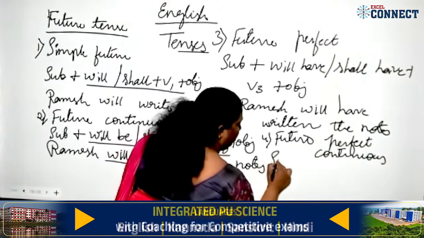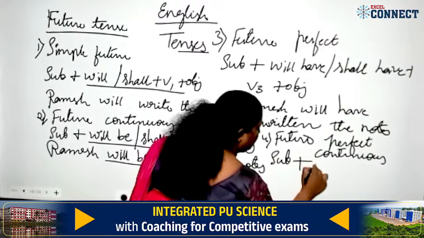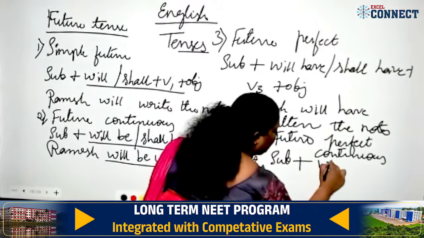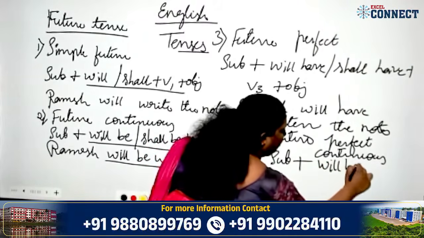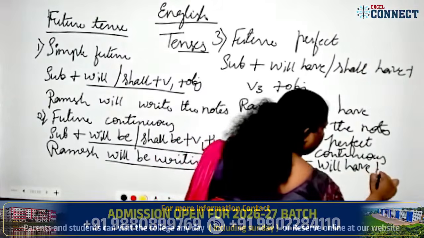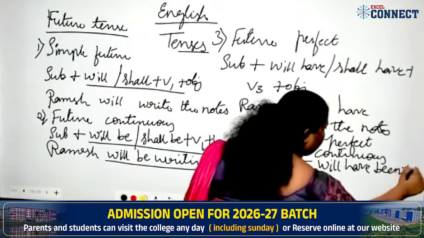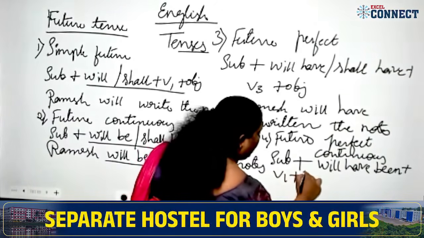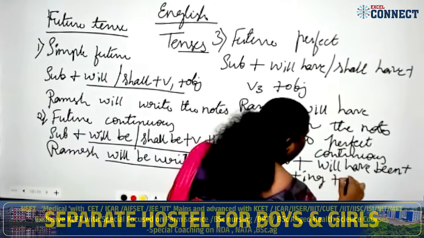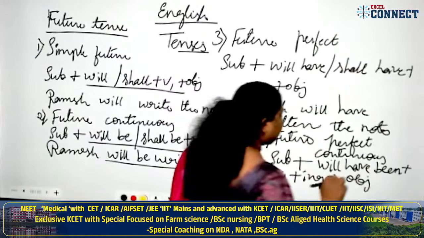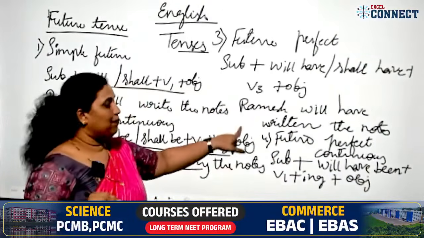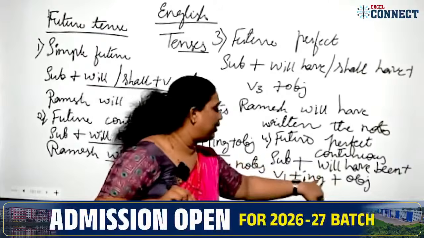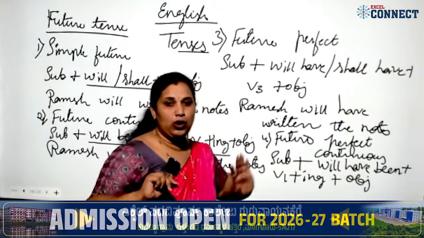So, the formula goes like this: subject plus will have been plus V1 ing plus object. So, Ramesh will have been writing the notes.